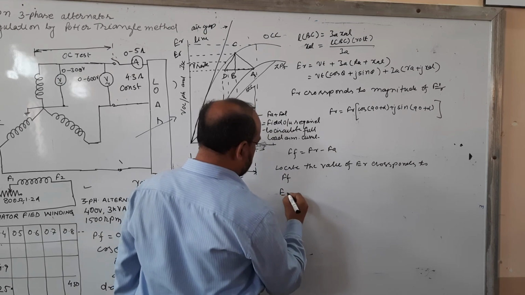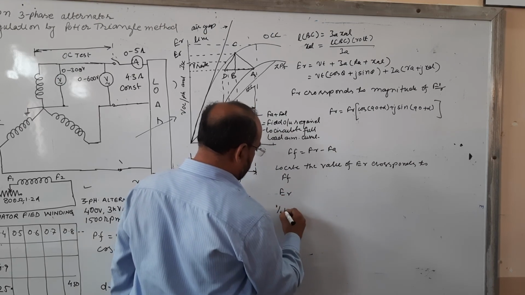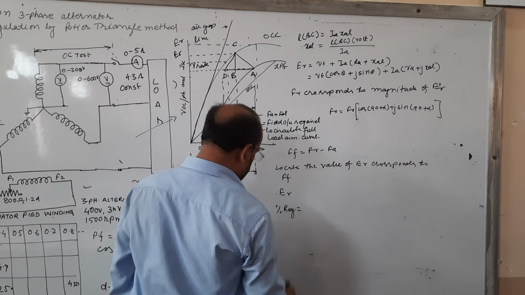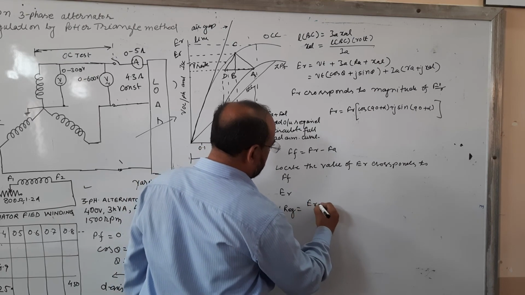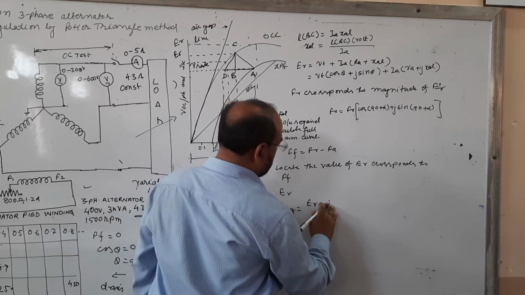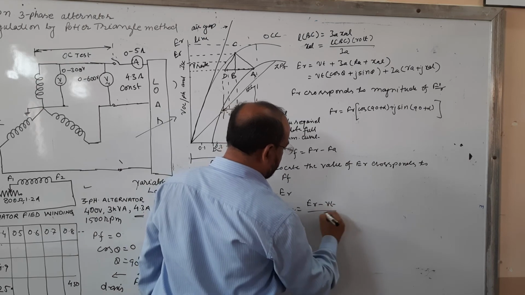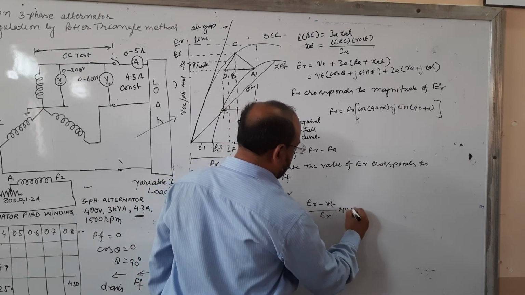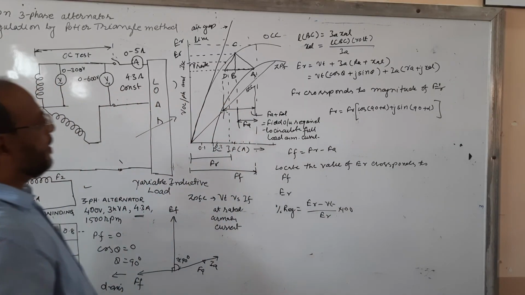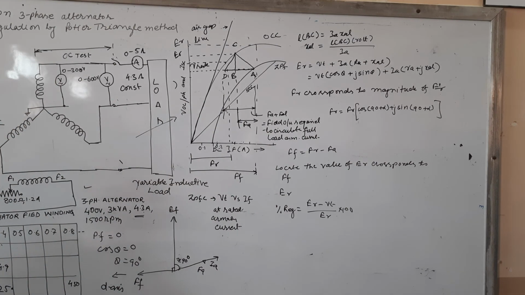Therefore, percentage regulation is equal to ER minus VT divided by ER into 100. So, in this way, the voltage regulation can be calculated by the Potier triangle.